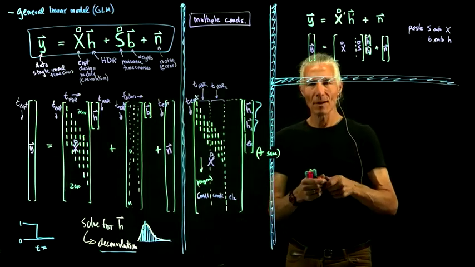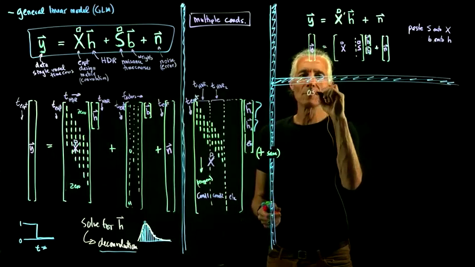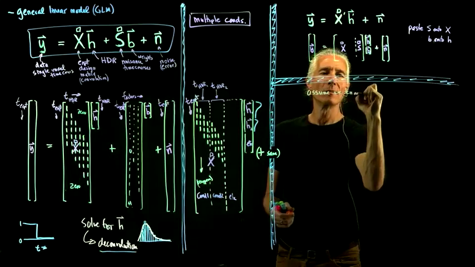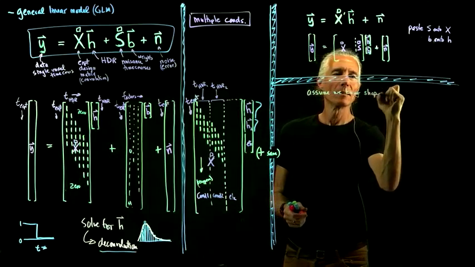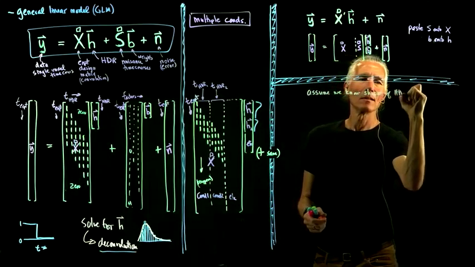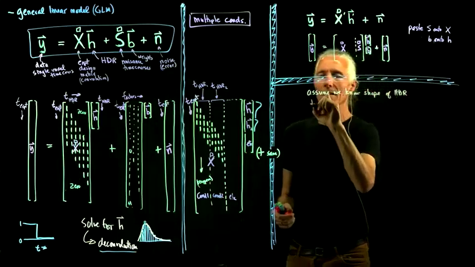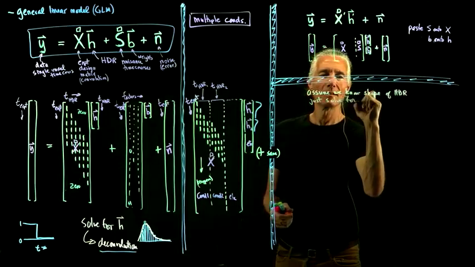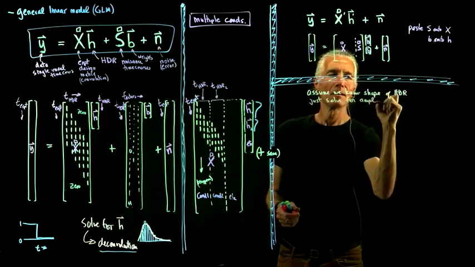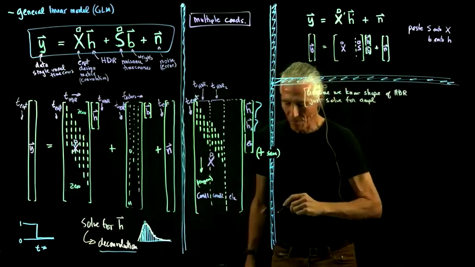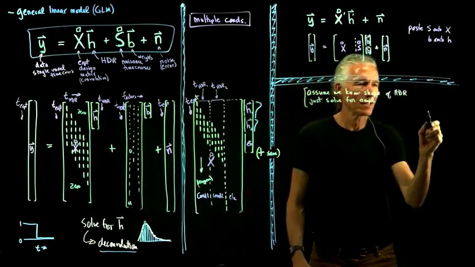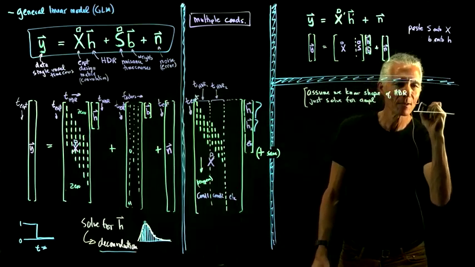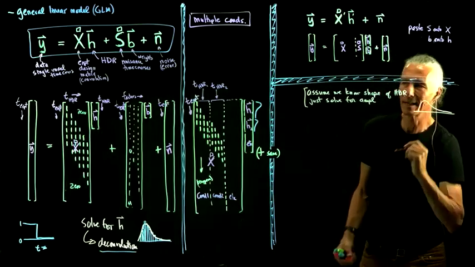So an alternative thing is just assume we know the shape of the HDR, and just solve for amplitude. And what does that mean? That means we could say that we know that the hemodynamic response function looks like that.